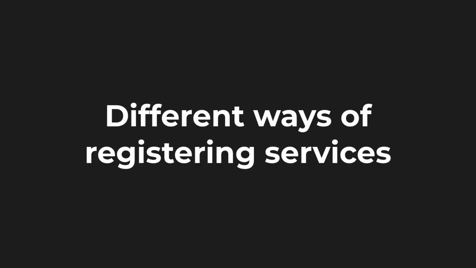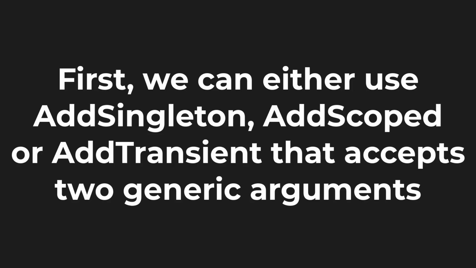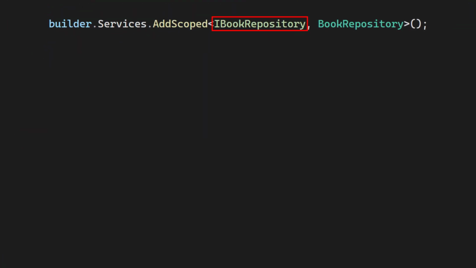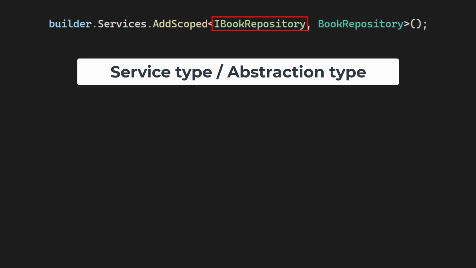In this video, we'll talk about the different ways of registering services. First, we can either use AddSingleton, AddScoped, or AddTransient that accepts two generic arguments. For example, in this line, the first generic argument is the IBookRepository type. This is referred to as the service type or the abstraction type.